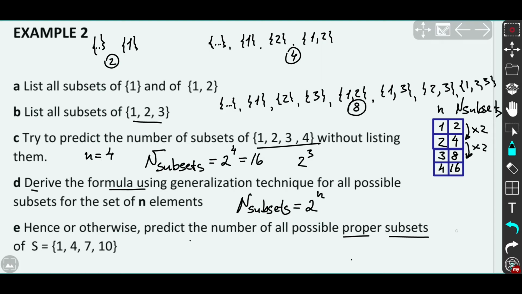So it's going to be 2 to the power 4, but you take away the improper subset, the set itself. So you just take away 1, and 2 to the power 4 minus 1 is going to be 15. So 15 proper subsets. Be careful because proper. And we can move on.